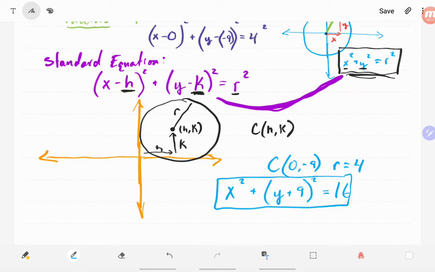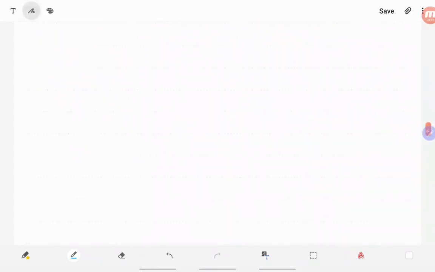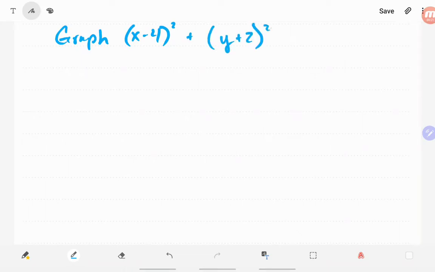Now, what if we are given the equation of a circle and we want to then graph said circle, right? So what if we want to graph (x minus 4) squared plus (y plus 2) squared equal to 36.